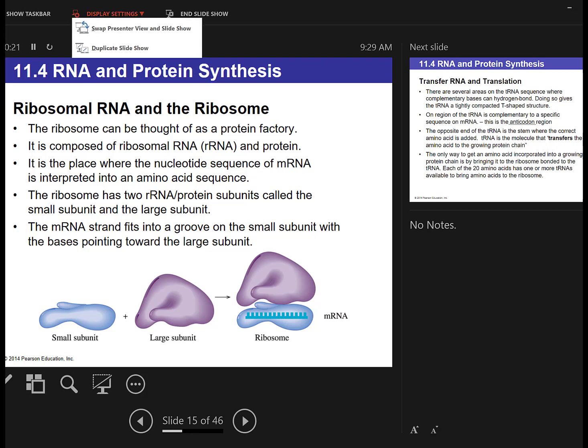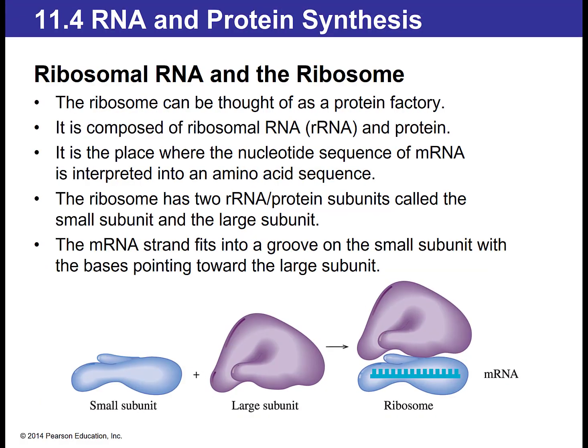You've got the large top and then the flatter looking little bottom. And what the ribosome does is it attaches to that mRNA strand. The small and large subunits slide over top and underneath that RNA strand and sandwich it between them.